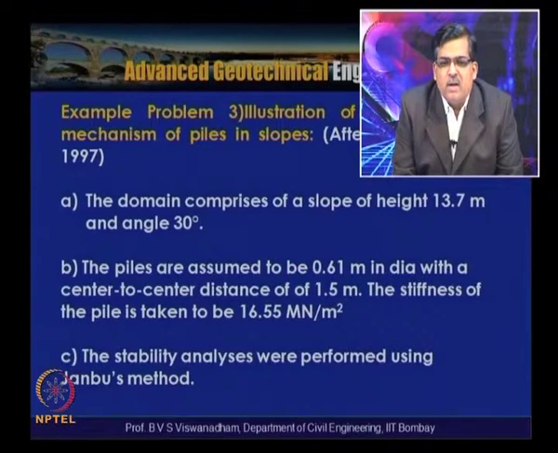This domain comprises a slope of height 13.7 meters and angle of 30 degrees. The slope has a very flat inclination, close to one vertical, two horizontal, and the piles are assumed to be about 600 mm in diameter, that is 0.61 meter, with a center to center distance of about 1.5 meters.